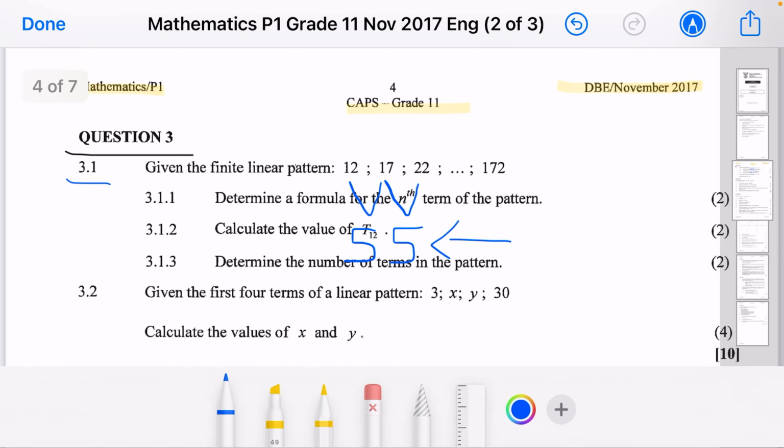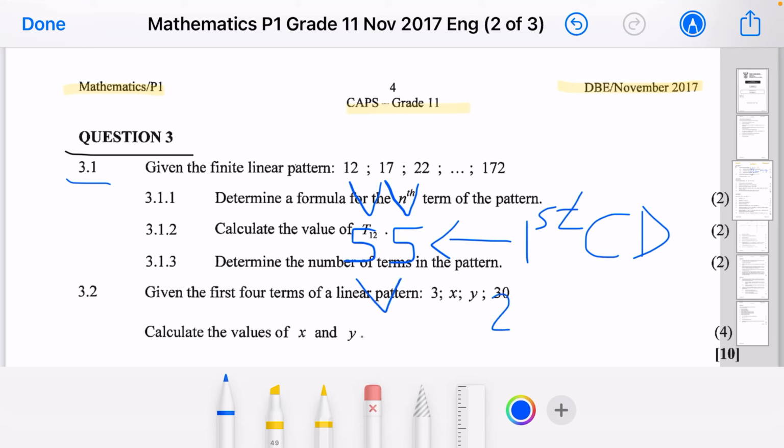As you can see, ladies and gentlemen, what I mean by the common difference, the first common difference, is because we've done the first calculations of finding the common difference. Okay, remember, in quadratic you might need to also do some calculations where you find the second common difference. You understand? So now in this case we didn't have to go deep into finding the second common difference. We just found it on the first common difference.